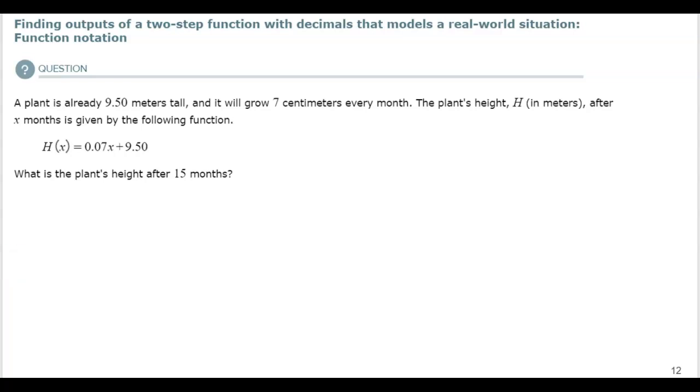Sometimes these come in the form of word problems. A plant is already 9.5 meters tall. That's where it got this 9.5, and it's growing 7 centimeters every month. The plant's height is in meters, so they converted centimeters to meters. After x months it is given by the following function. What is the plant's height after 15 months? In other words, it wants h of 15. So I have my h function.